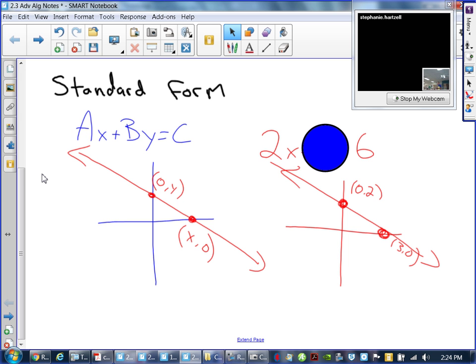There's no reason to put things into slope-intercept form and plot them by walking your slopes. It is so much more time efficient and much easier to quickly visualize a graph. That's all you got to do.